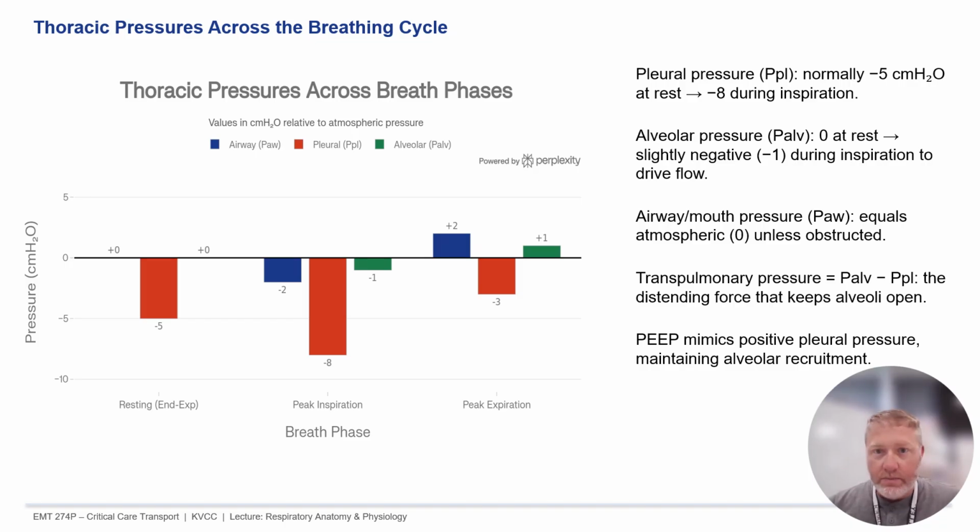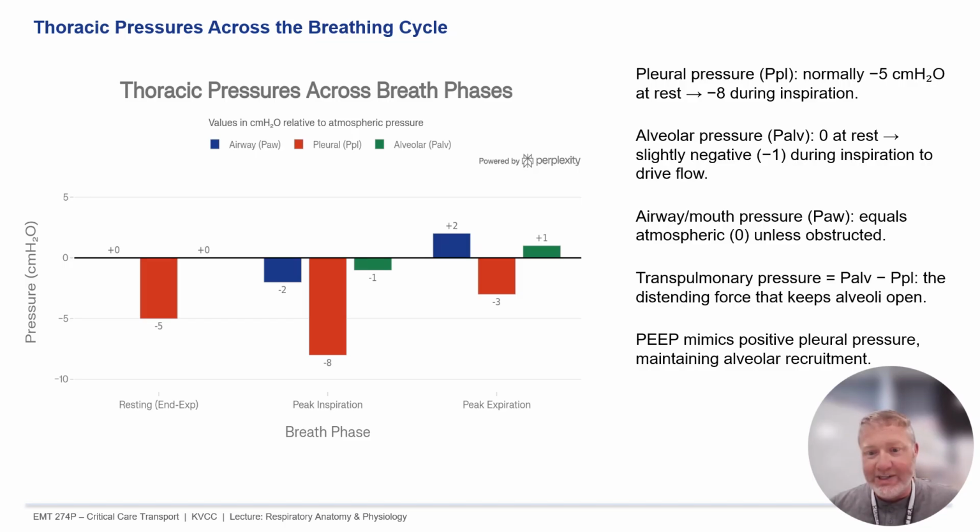Pleural pressure, the pressure in the potential space between the visceral and the parietal pleura, is normally about -5 centimeters of water pressure at rest. During inspiration, it drops to about -8 centimeters of water pressure, creating the pressure gradient that expands the lung.